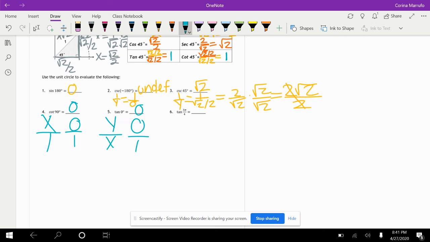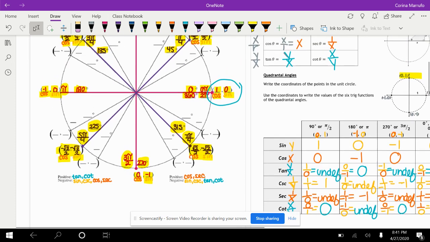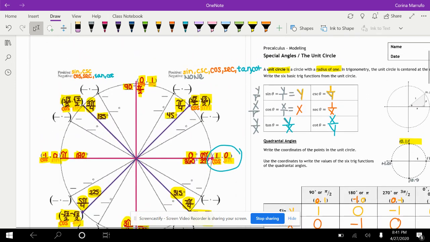And then lastly, we have tangent of 3 pi over 4. So we locate 3 pi over 4. Let's see, 3 pi over 4 is right here. We're going to take our y value and divide it by our x value.